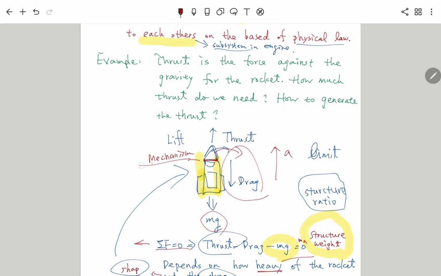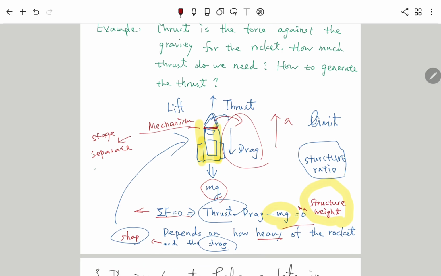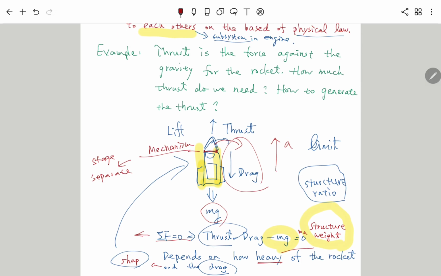So this concept extends well to the stage separation. If we have more than one stage of the rocket, for example, 2 stage or 3 stage, there's a similar concept. Okay. So this example just gives you the concept.